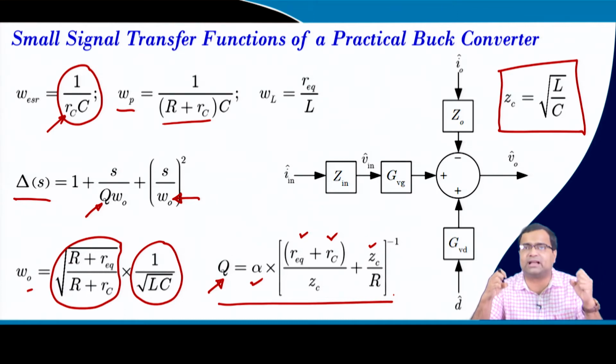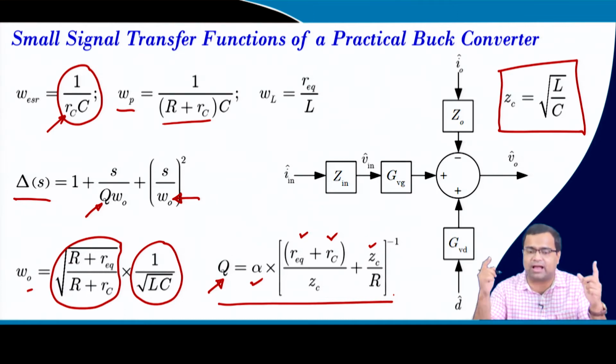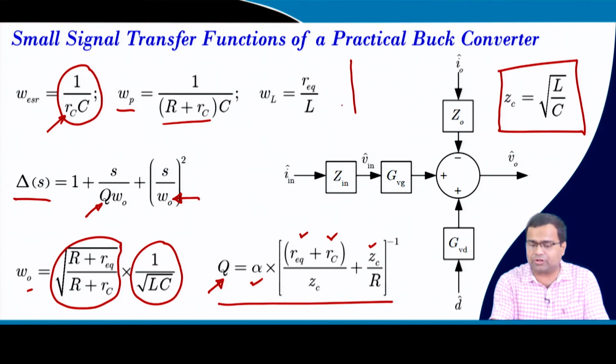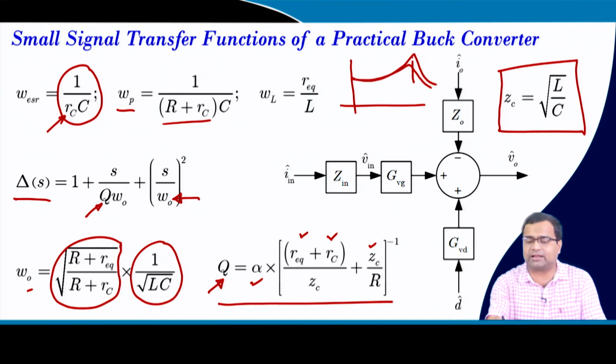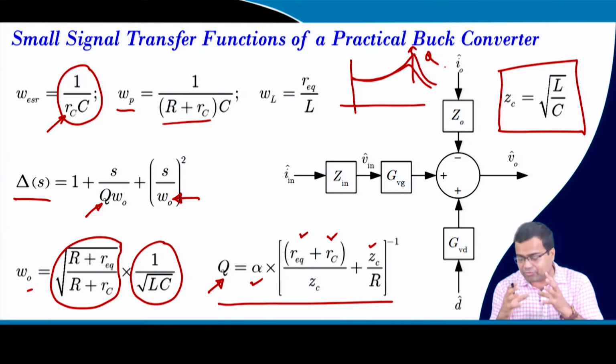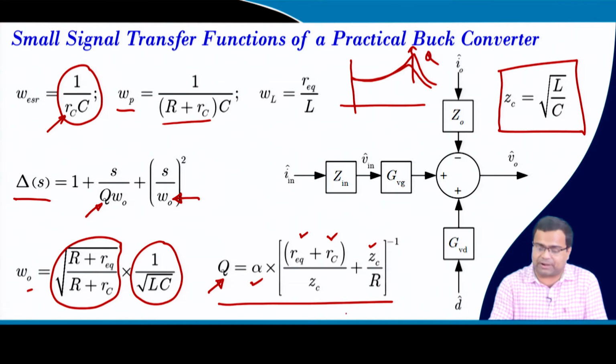If the Q factor is high, the peaking will be high. Suppose you draw the gain plot, in one case it will be like this, and as the Q factor increases it will go like this. And who decides the Q factor? This is primarily the load resistance.